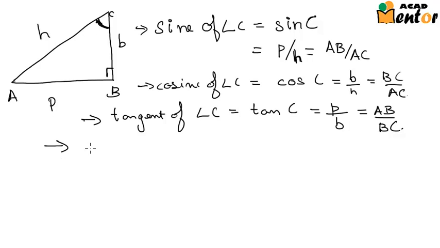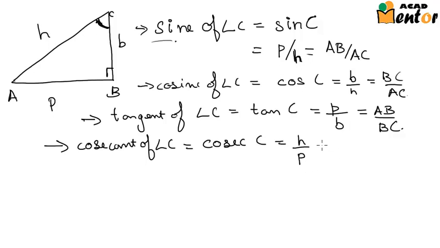The fourth one was inverse of sine, that was cosecant of angle C, can be written as cosec C, which is equal to inverse of sine would be hypotenuse by perpendicular, which is also equal to AC by AB.